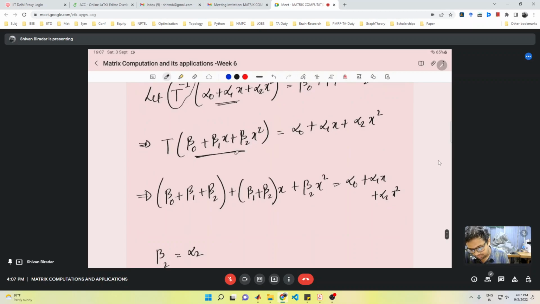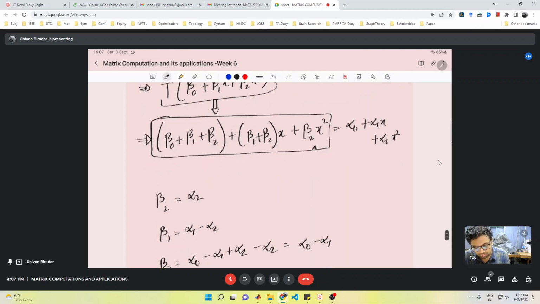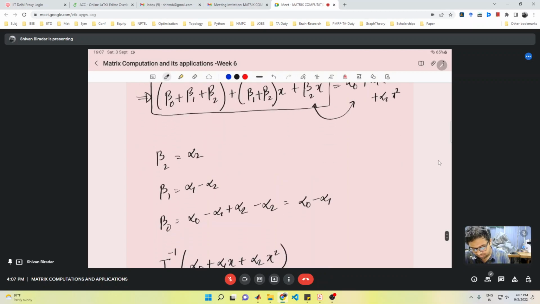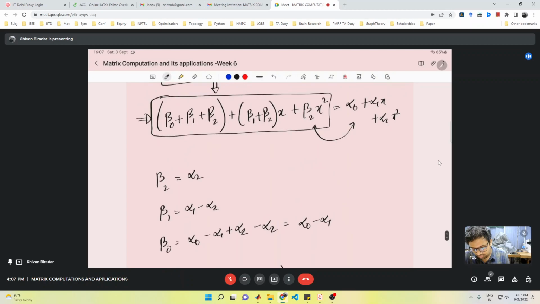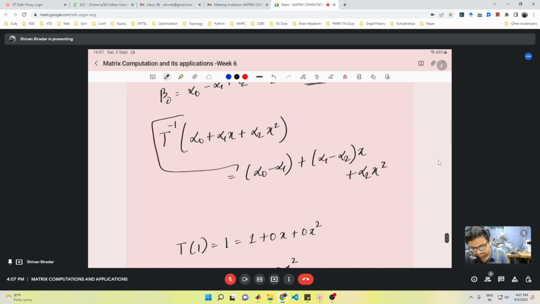So again, the T into this would give us this similar transformation. Okay. Now we compare on both of this side and see that beta 2 is equal to alpha 2, beta 1 is equal to alpha 1 minus alpha 2, and beta naught is equal to alpha naught minus alpha 1. So this is what we get.